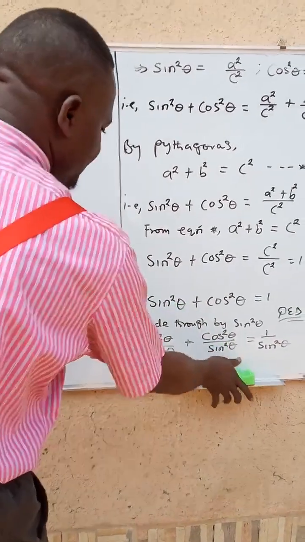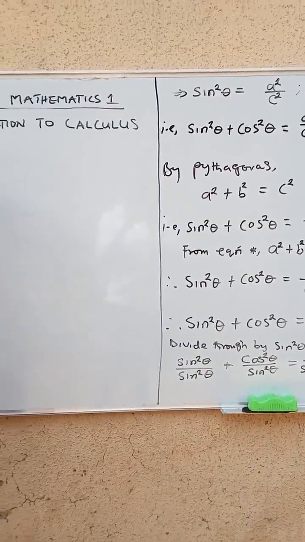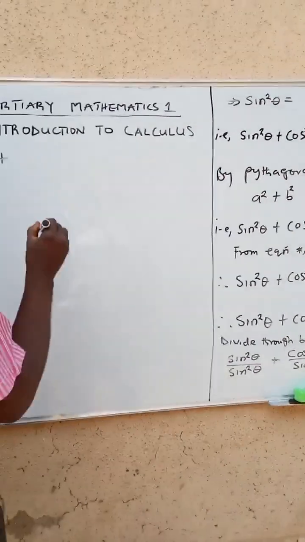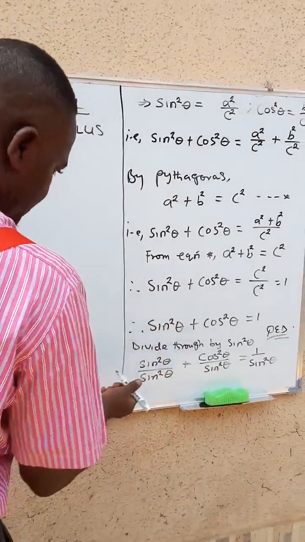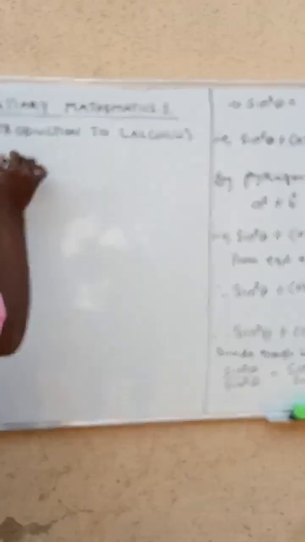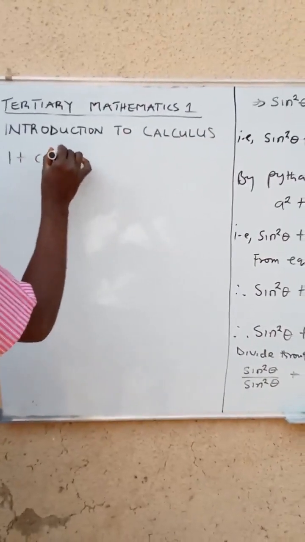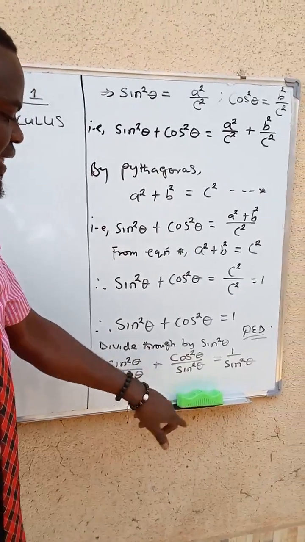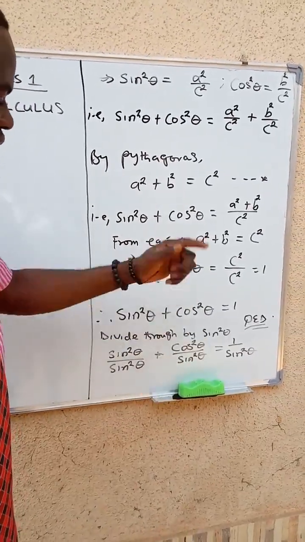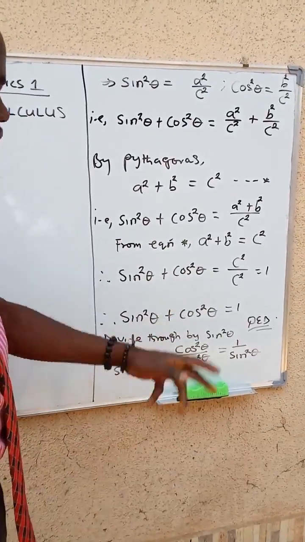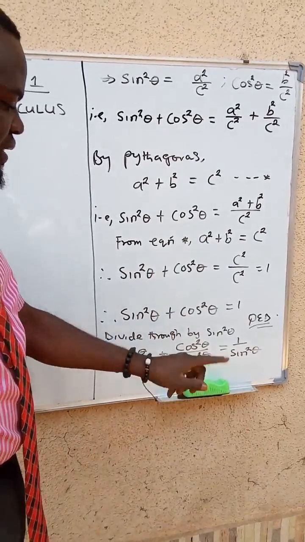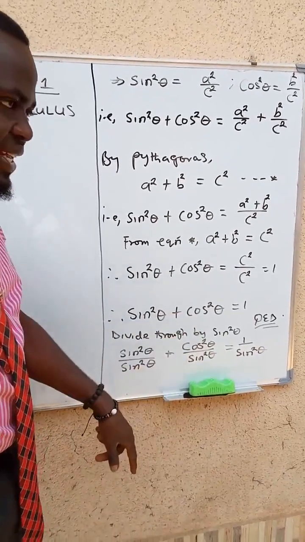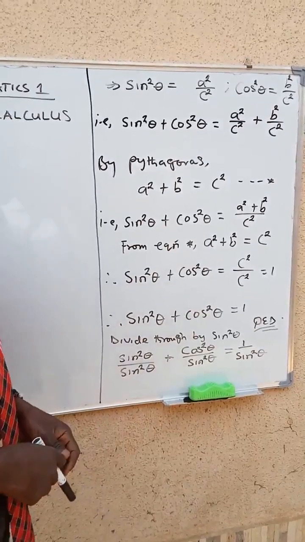So supposing I divide this, that means I have 1 plus cot²t. If it's sine over cos, it's tan. But if it's cos over sine, that is the inverse of sine over cos, which is cotangent.